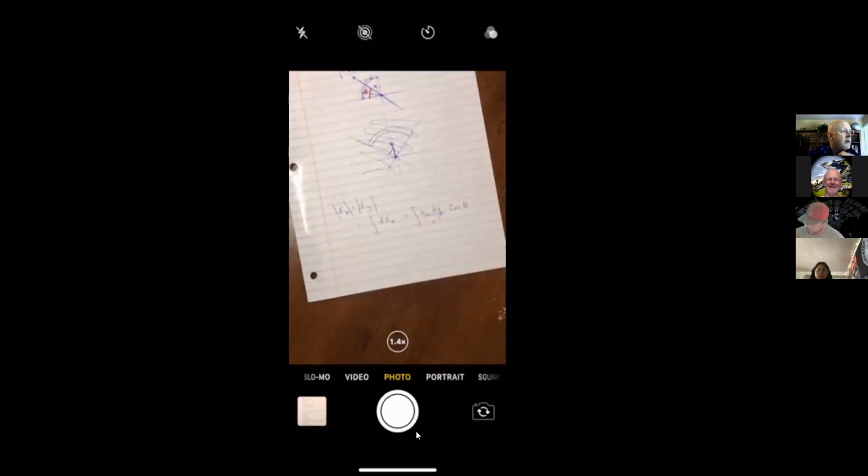Oh, he measures the angle from the 45 degree. Okay, so we are a little different, but maybe that's good here.